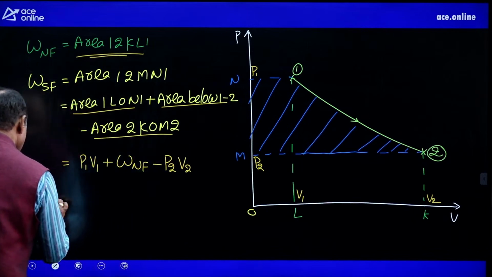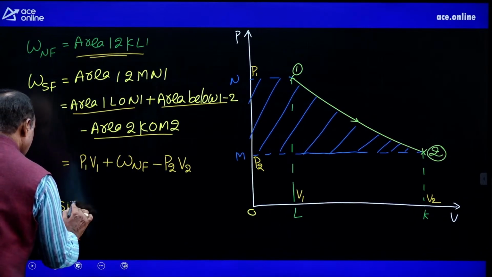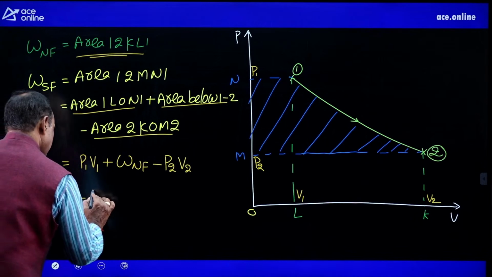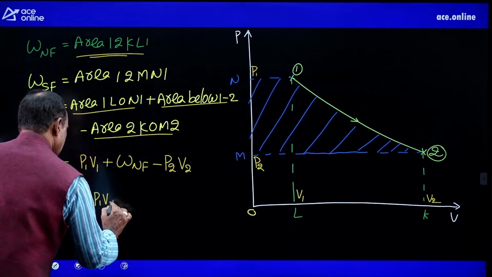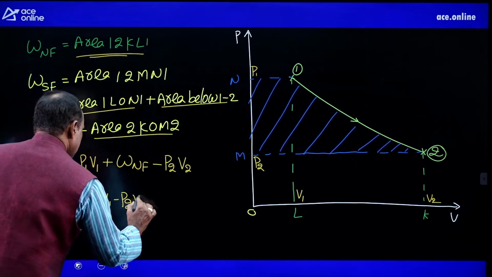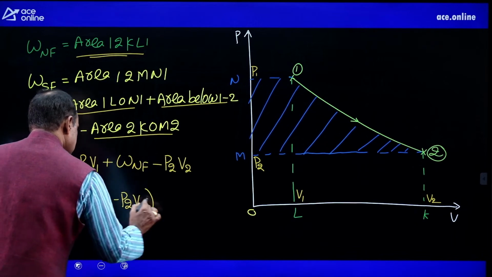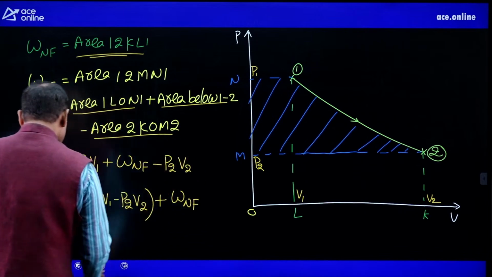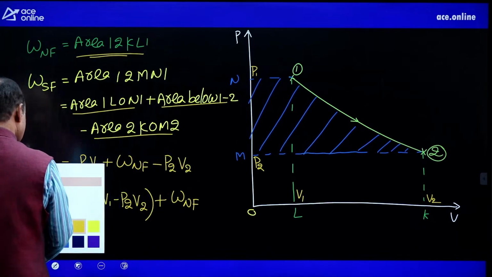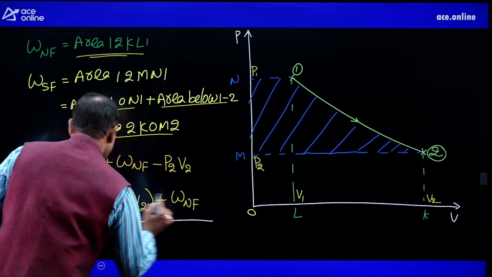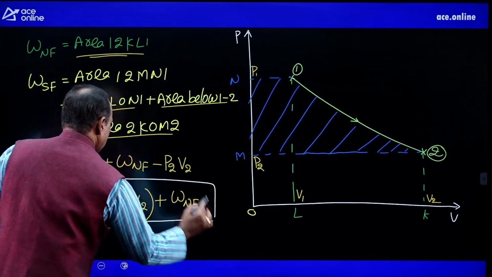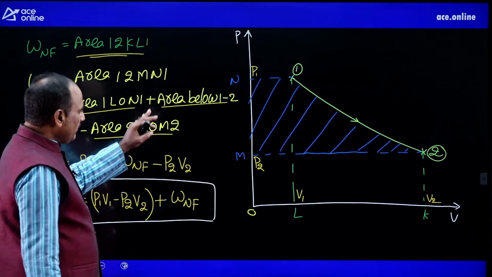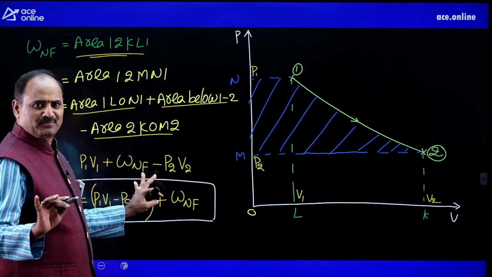From this I can write that the steady flow work is equal to P1 V1 minus P2 V2 plus non-flow work. That is the relation between steady flow work and non-flow work. I hope all of you clearly understood.